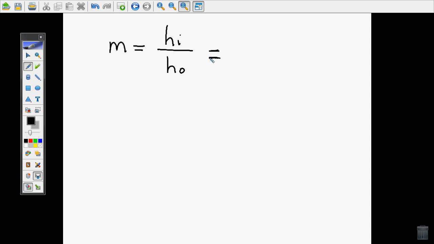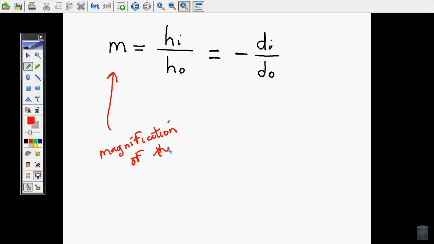But that's also equal to negative d_I over d_O. What's M? M is called the magnification of the lens. Or I'm sorry, of the mirror.